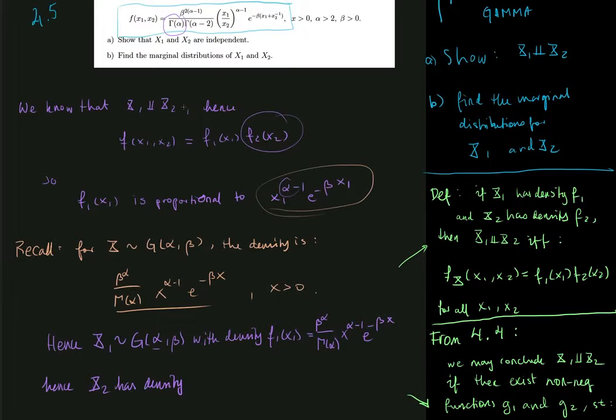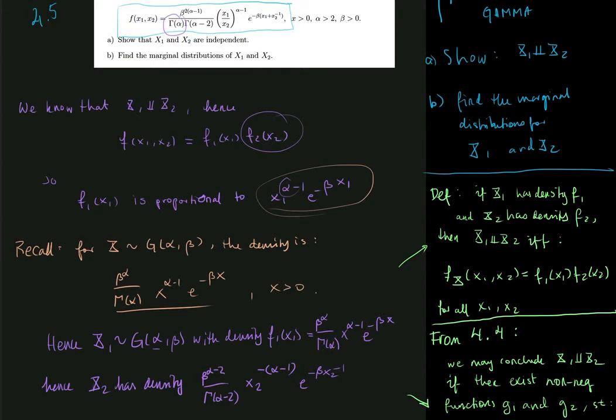So that is beta to the alpha minus 2 divided by gamma of alpha minus 2 multiplied by x2 to the minus alpha minus 1, and then multiplied by e to the minus beta x2 inverse.